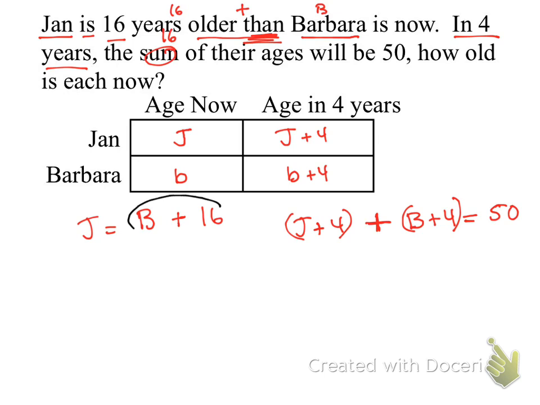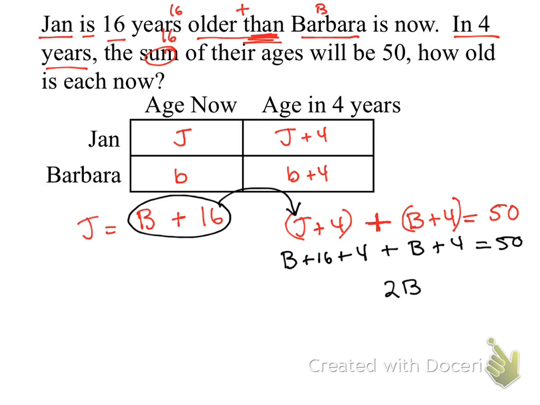I'm set up very nicely to do what method? Substitution. So I'm going to substitute this for the J, and then I have B plus 16 plus 4, right? B plus 16 gets replaced with J, plus the 4, plus B plus 4 equals 50. So now I have 2 B's, and 8 and 16 is 24, equals 50.